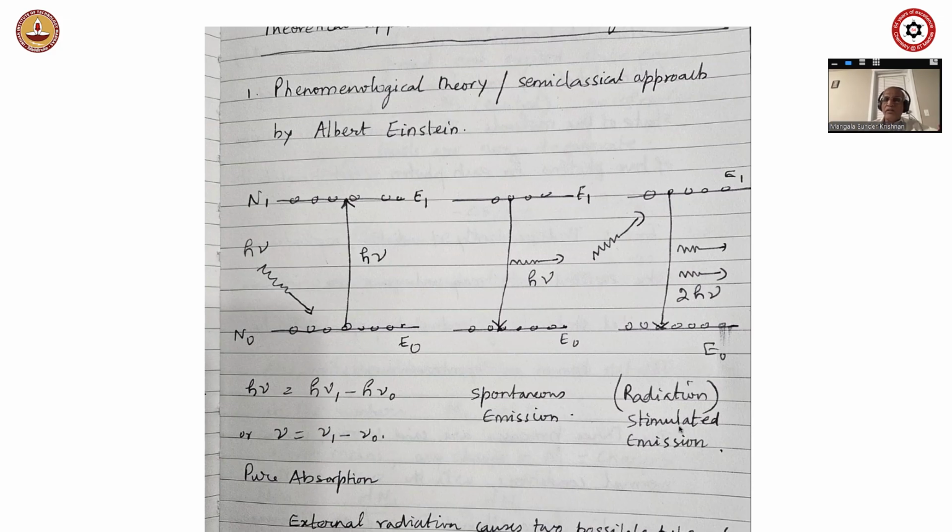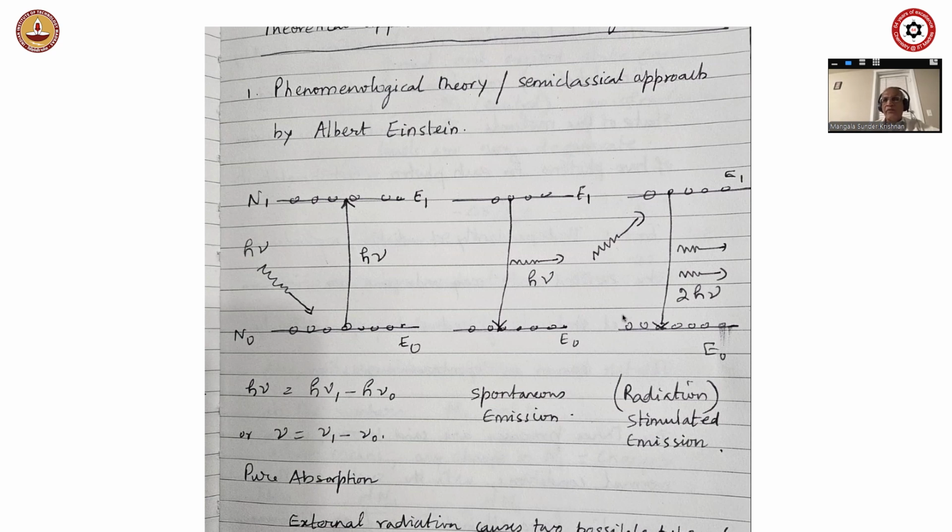So the stimulation is done by the radiation. The stimulated emission gives rise to more light, more electromagnetic radiation than before. So if there is one photon here, then there are two photons here. So this process requires a radiation density in addition to the number of molecules.